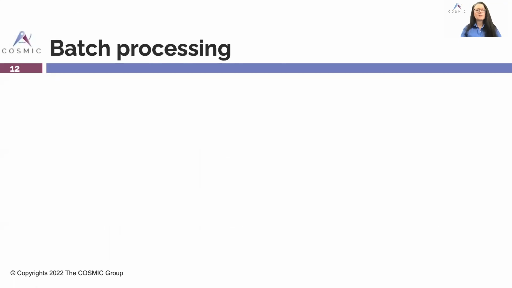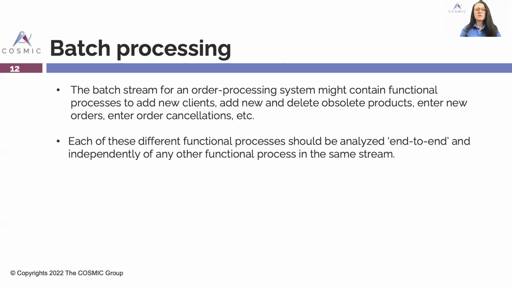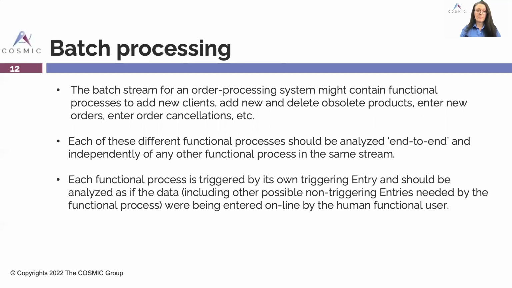So batch processing now. The batch stream for an order processing system might contain functional processes to add new clients, add new and delete obsolete products, enter new orders, enter order cancellations, etc. So each of these different functional processes should be analyzed end-to-end and independently of any other functional process in the same stream.